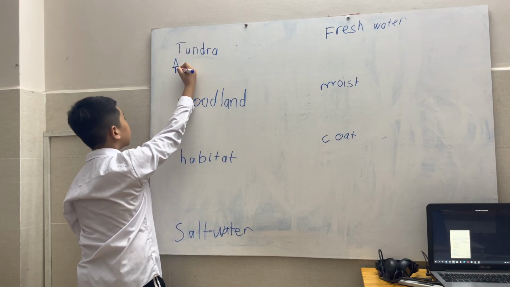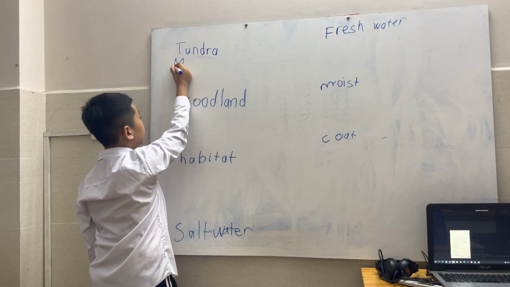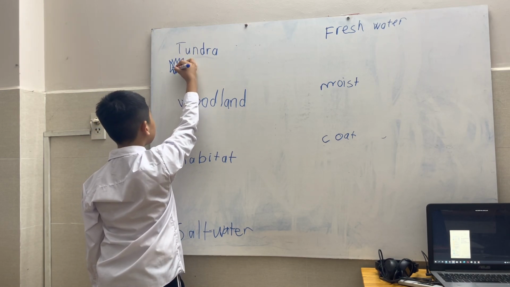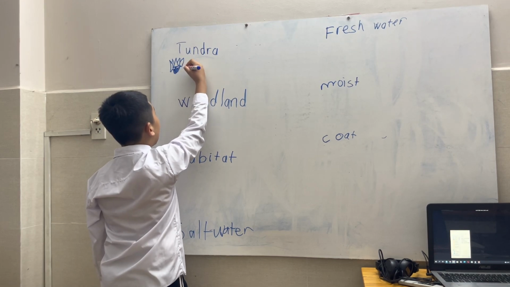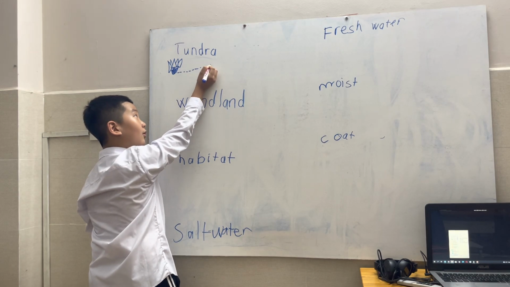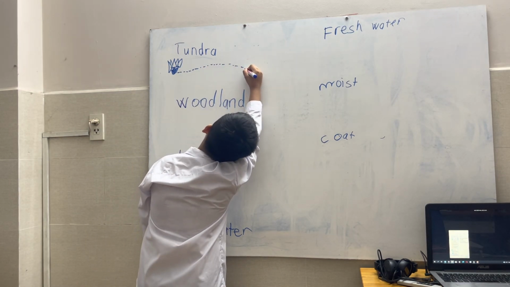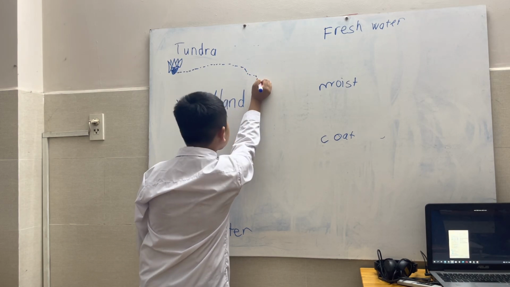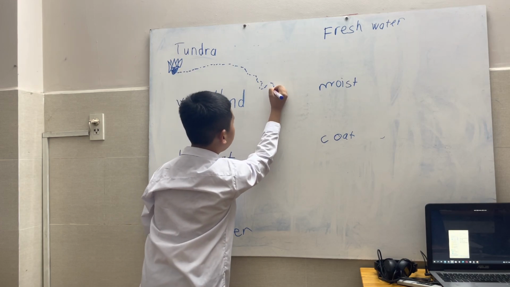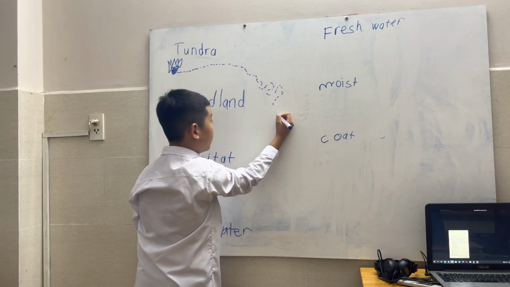This is the tundra's forest. And they migrate from this forest all the way down to Asia, because Asia is sticking to the North Pole. And North Pole animals such as moose and reindeer live there.